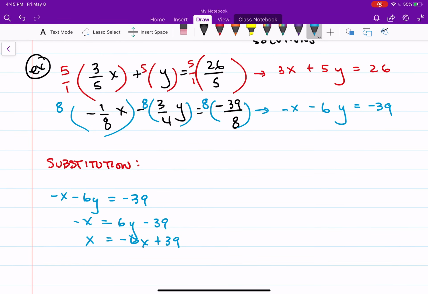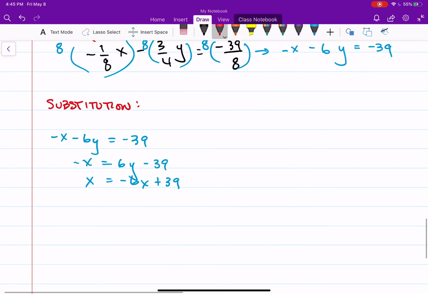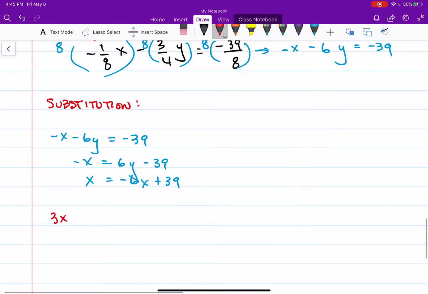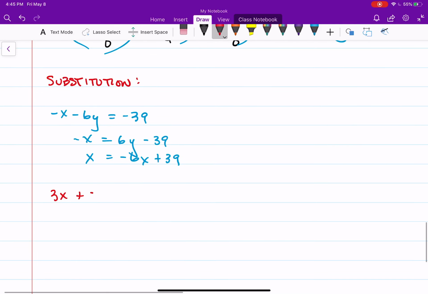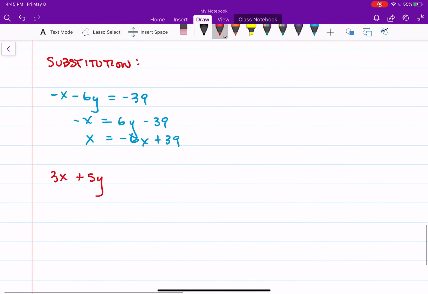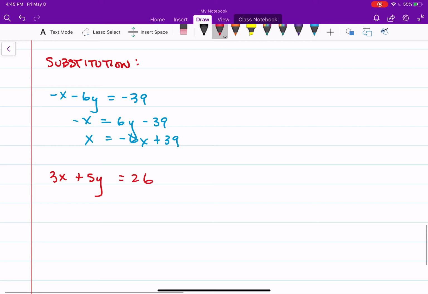Now we got to plug that in. So this was the second equation. I now got to plug it into the first equation. The first equation was 3x plus 5y equal to 26. Okay, so I got 3. Now I got to plug in the negative 6x plus 39.